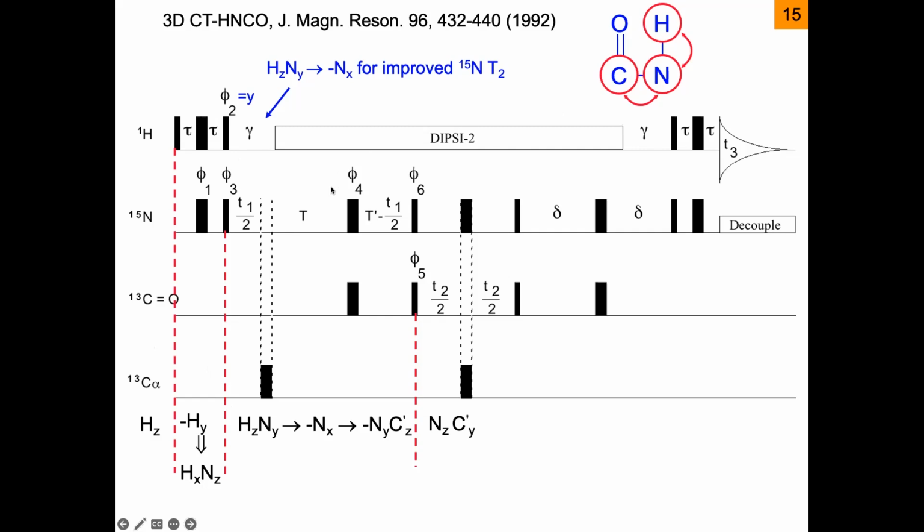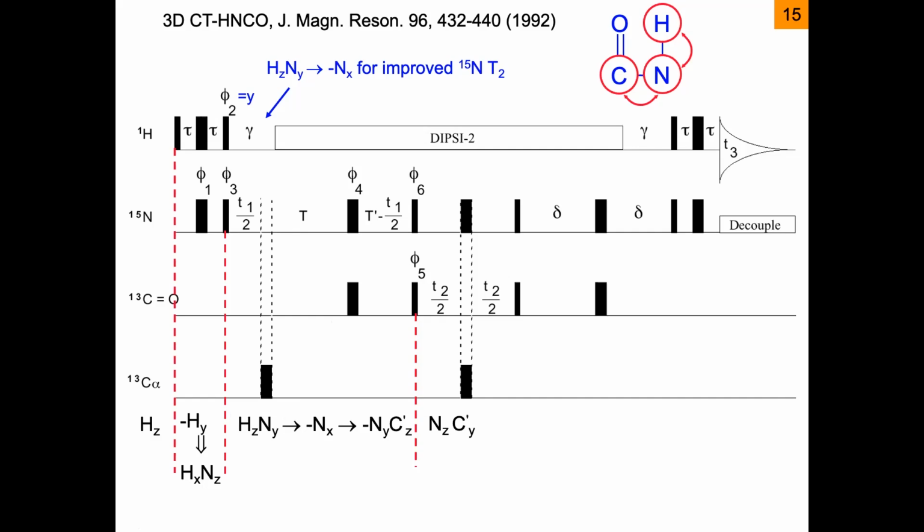And basically what is happening in this period, there's another INEPT transfer that I will explain. That transfers first from this Hz Ny, refocuses the antiphase magnetization with respect to the proton by just letting the proton-nitrogen coupling evolve for another 5.4 milliseconds it is actually, 1/(2 times 93).